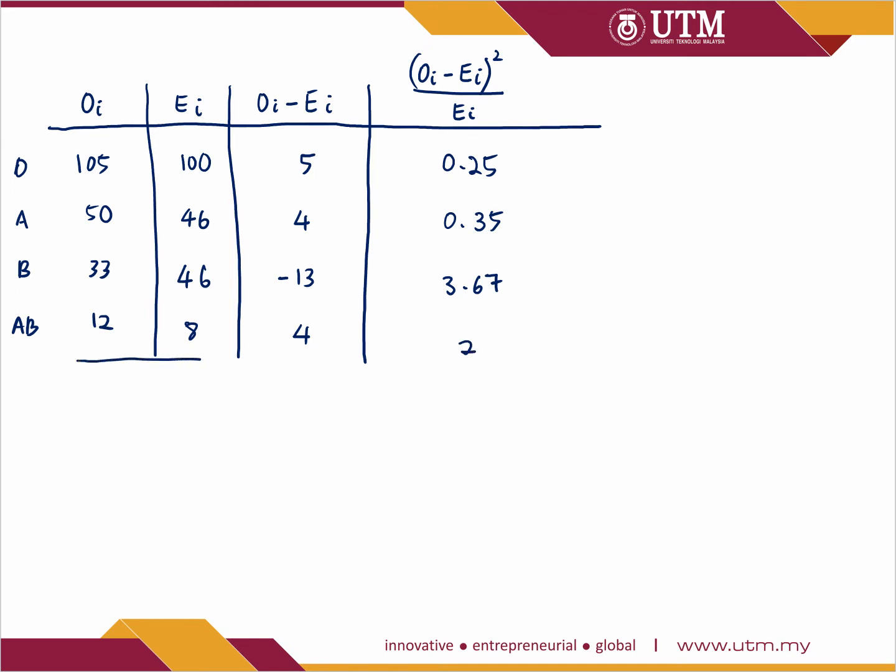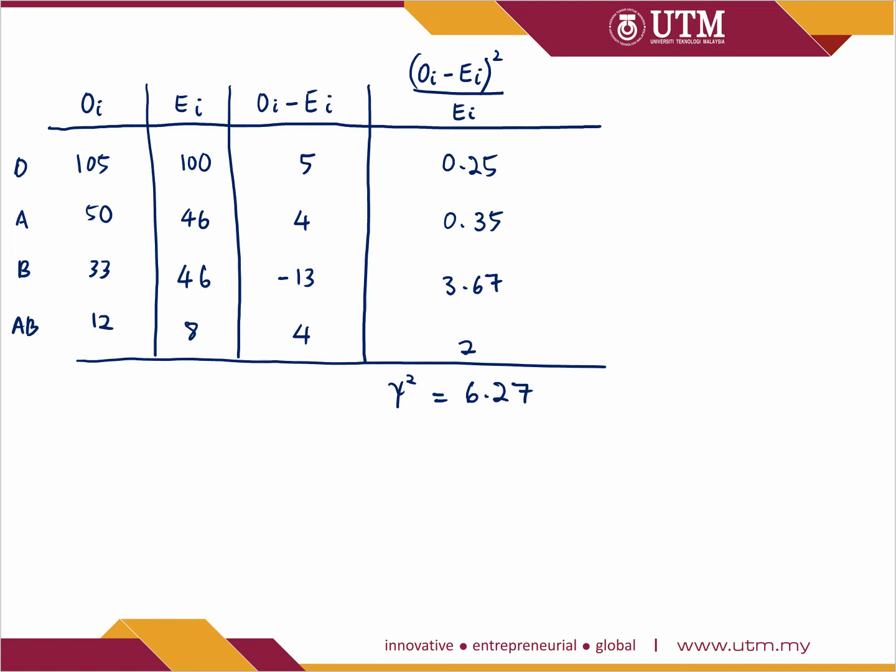So we find the summation of these, which is the value of the chi-square, equal to 6.27.